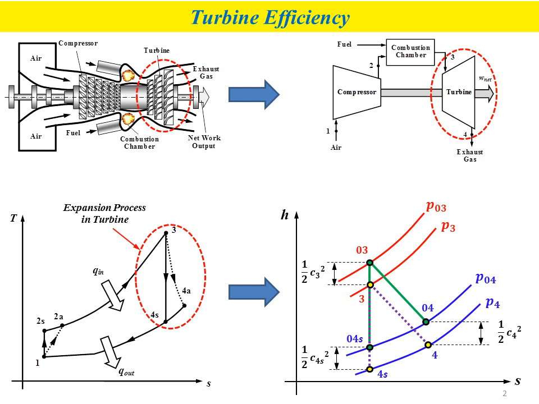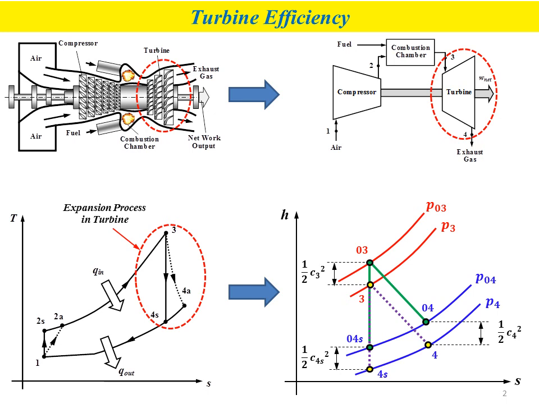Okay, so states 03 and 04 represent the stagnation states. State 3 and state 4 represent the static states, and states 04S and 4S represent the isentropic states, where 04S refers to the stagnation isentropic state and 4S to the static isentropic state for the isentropic process.